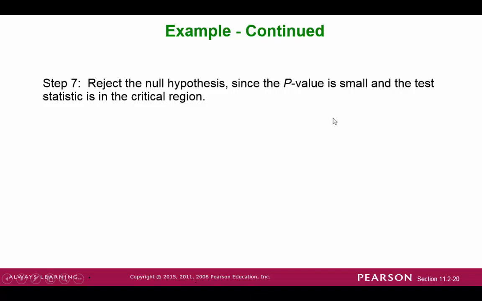So we reject the null hypothesis. We have a large chi-squared test statistic, and that would yield a very small p-value.